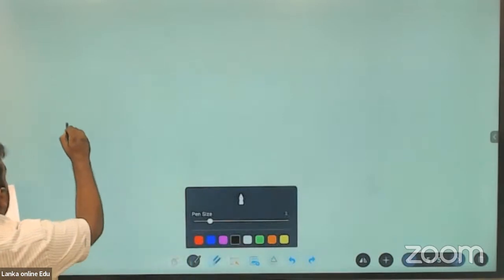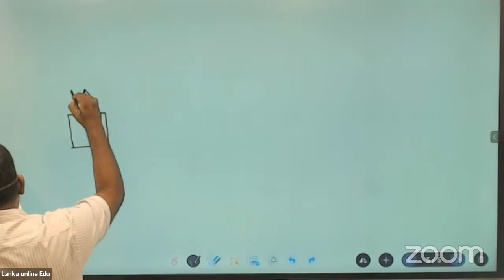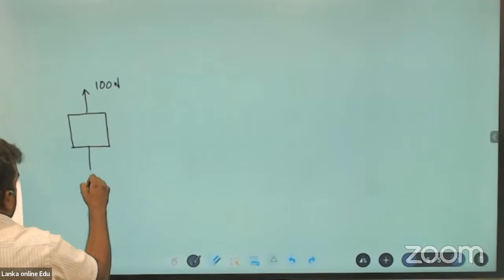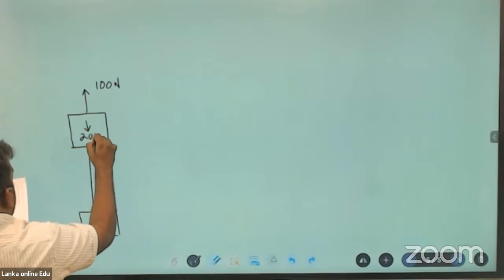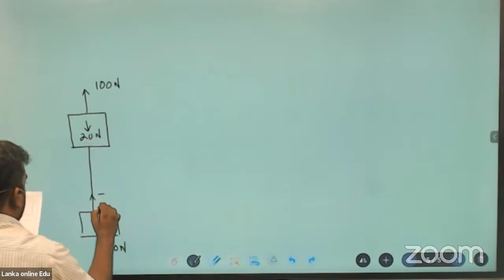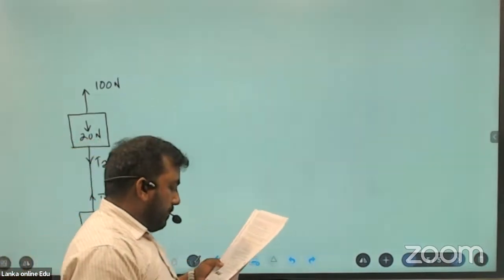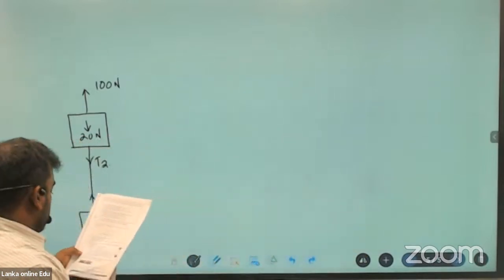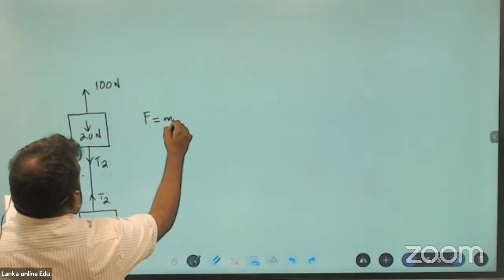So here you can write: maximum is going to be 100, here it's going to be 20 Newton, here it's going to be 30 Newton, here T2. If the maximum tension is 100, find the maximum upward acceleration and the tensions in the string at once. Now you can apply F equal ma upwards for the system.